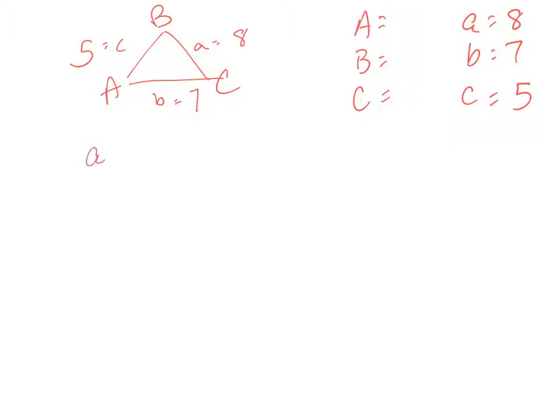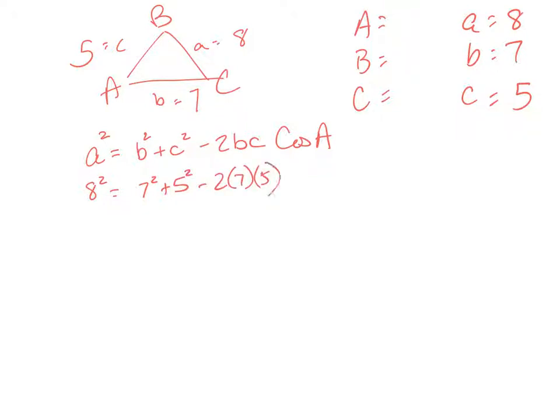The formula says A squared equals B squared plus C squared minus 2BC cosine of big A. We plug in everything we know: 8 squared equals 7 squared plus 5 squared minus 2 times 7 times 5 times cosine of A. Underline this here and don't separate it until I tell you to.